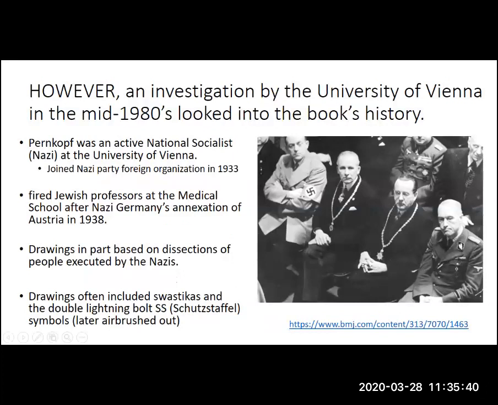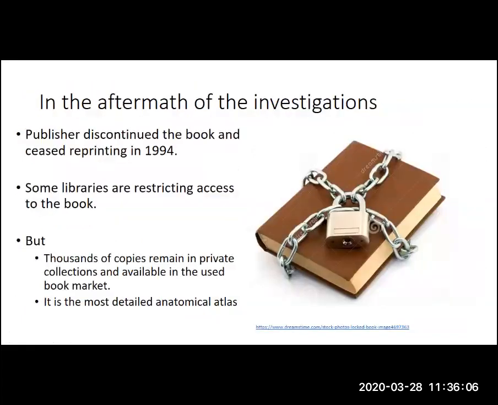In more recent versions of the textbook, these were later airbrushed out, so it wasn't as obvious of the Nazi origin and Nazi influence on this work. But it became very, very apparent that Pernkopf had some serious ethical issues associated with his work, with his actions, and associated with this atlas that he created.